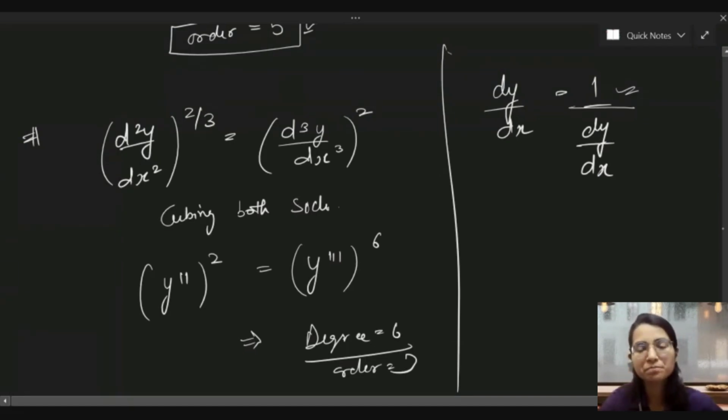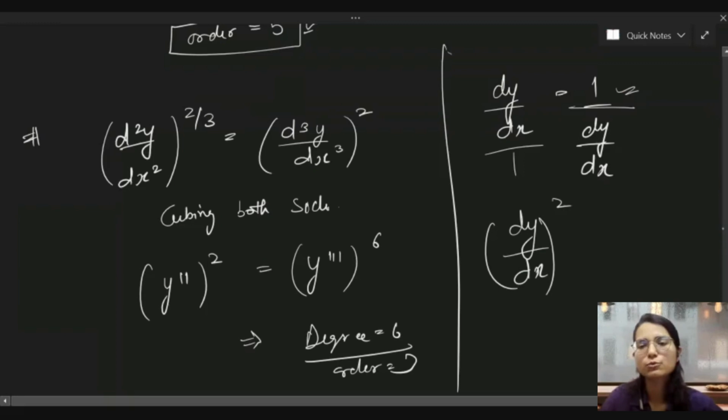So what will we do? We will do the cross multiplication. So we will get dy over dx squared is equal to 1. So now the order is clearly 1, and the degree is 2 because dy by dx is raised to power 2. So order becomes 1, degree becomes 2.